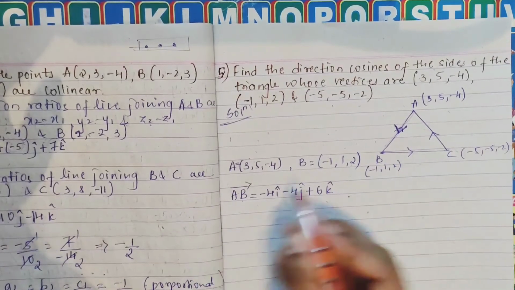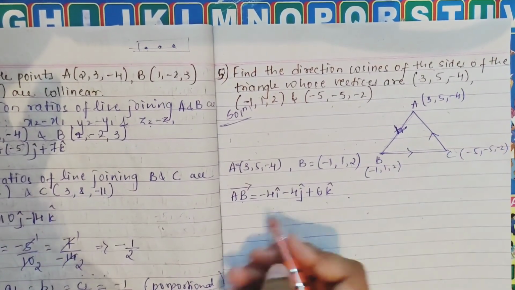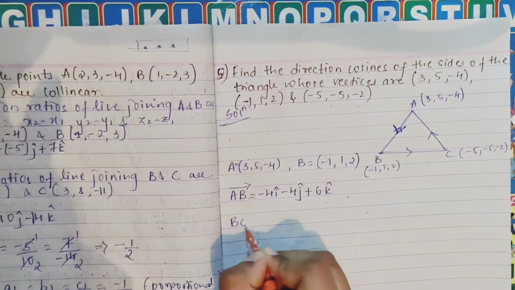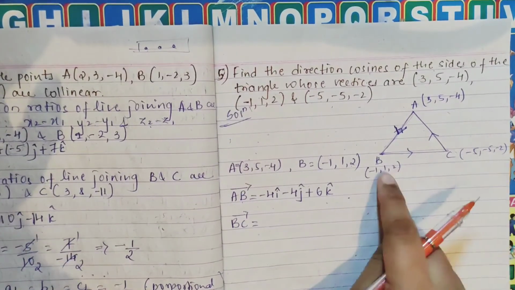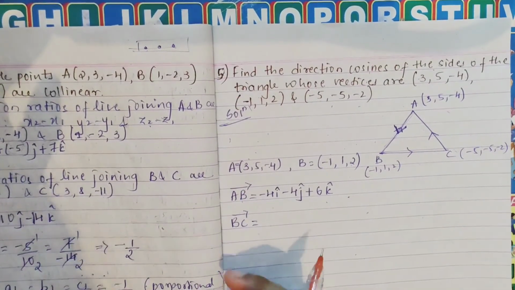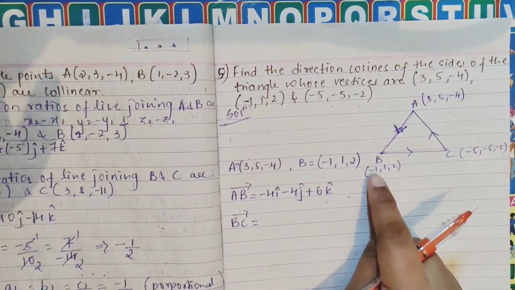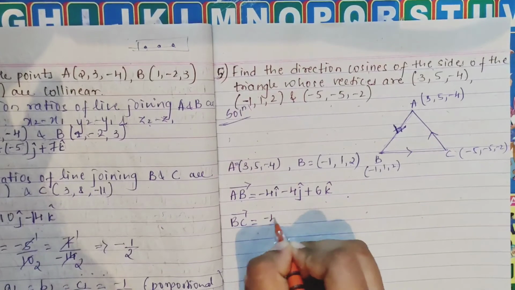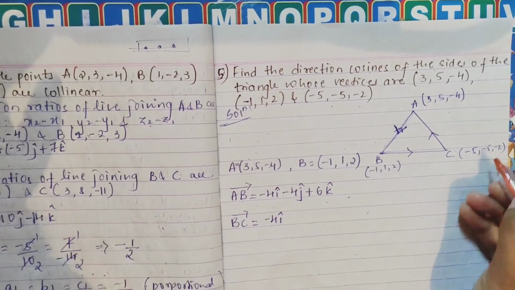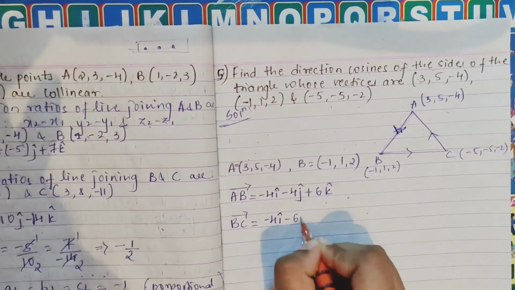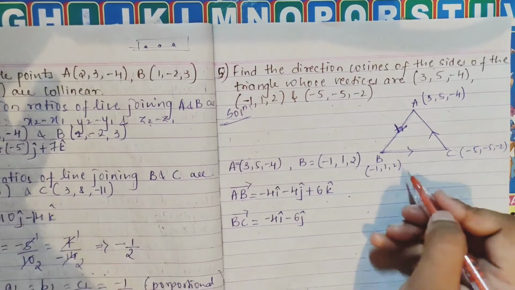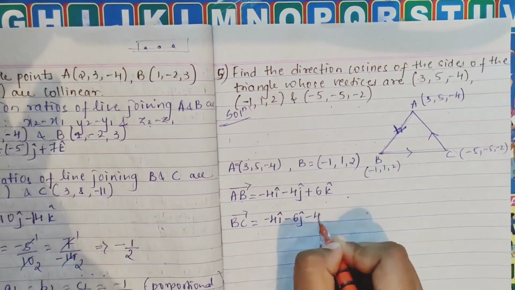Then you have AB, now we will consider the BC vector. Minus 5 minus 1 is minus 4 i cap, minus 5 minus 1 becomes minus 6 j cap, minus 2 minus 2 becomes minus 4 k cap.